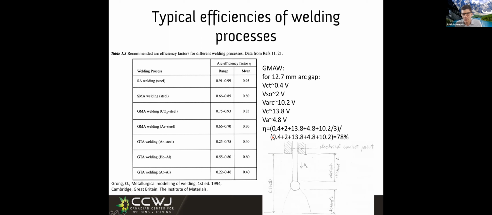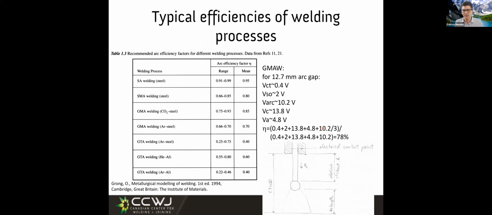And I divided by all these voltages together, right? Voltage times current gives us power. So I don't need to put the current here because I'll be multiplying and dividing by the current. And guess what I get? We get 78%, pretty much in the range they predict for MIG welding.